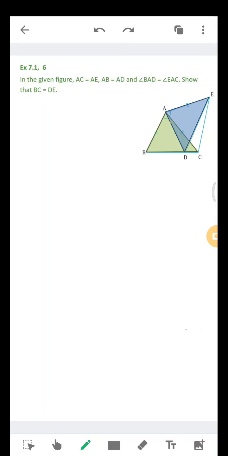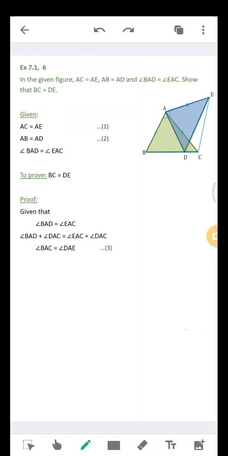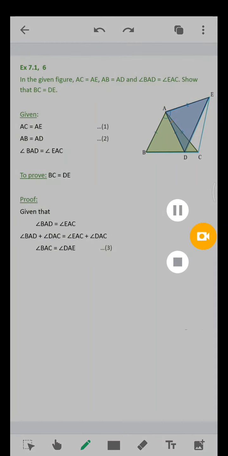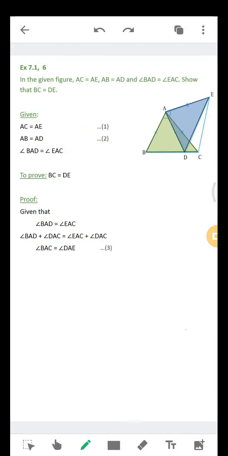Let's continue with our steps now. Given, I have written what's given, then to prove BC is equal to DE. Given that BAD is equal to EAC. This is given to us in the question. This angle BAD is equal to angle EAC. So what is the missing part? This part you can see, this part is missing, DAC.